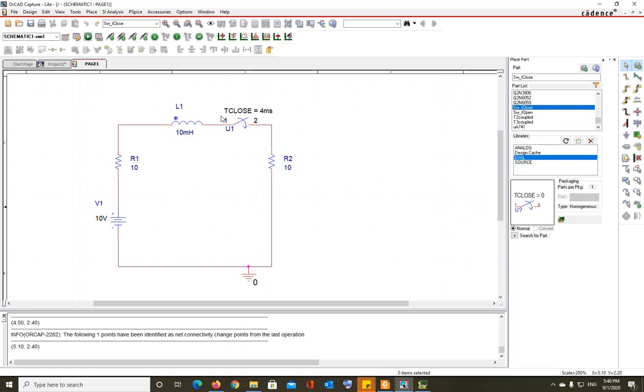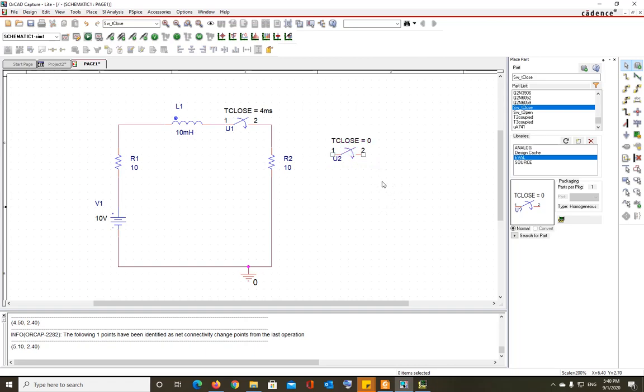The whole purpose of these switches is that they provide a connection at a specific time. If it is T close, this is going to close at 4 millisecond, and I chose 4 millisecond. If you just put the switch, for example, you will see that it says 0.